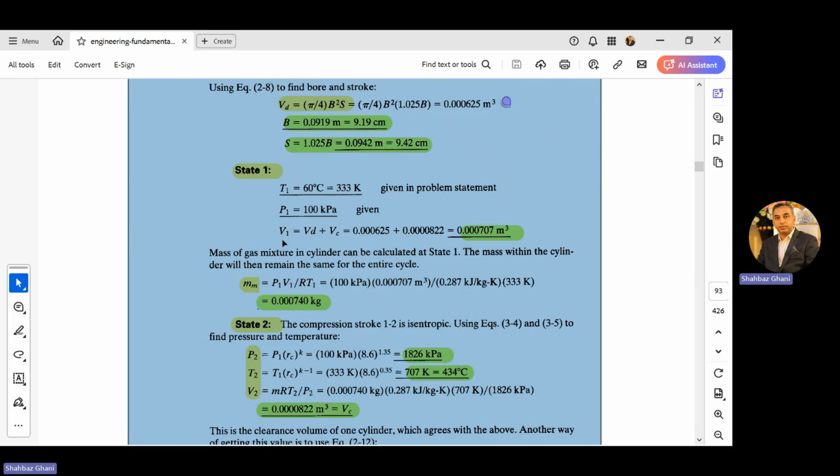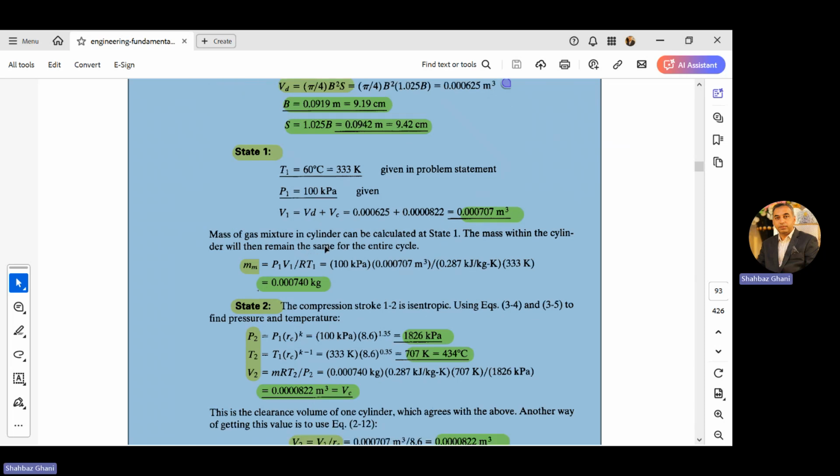V1 is your volume at BDC, which is equal to the displacement volume plus the clearance volume. Adding both, we get the volume at point 1, which comes out to be 0.000707 meter cube.